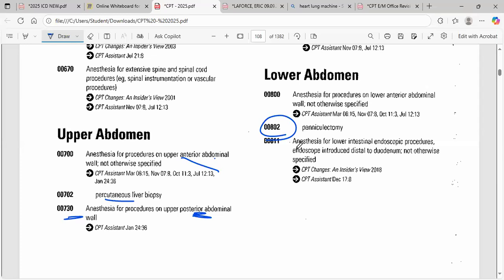So removal of belly fat is known as paniculectomy. In your documentation, you will not get the word paniculectomy directly. You will get the words removal of the excessive fat. In that case, it is your responsibility to consider that as paniculectomy.